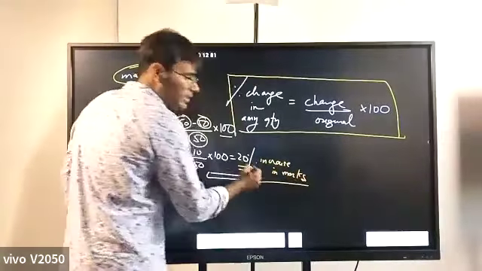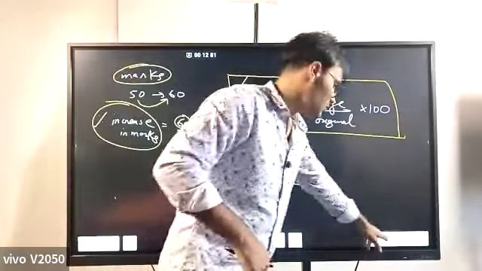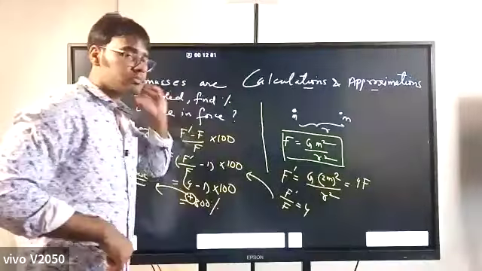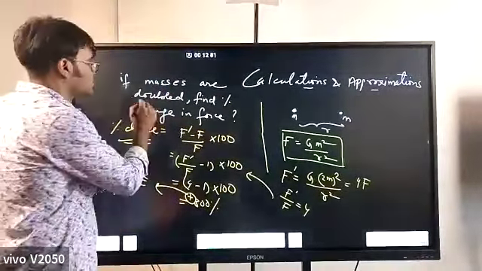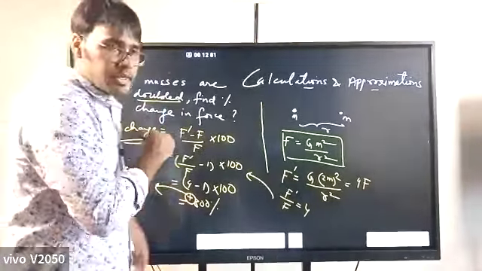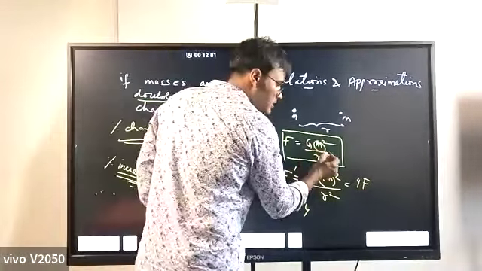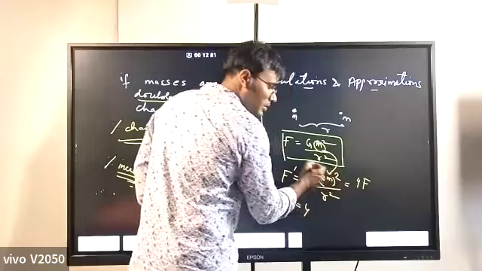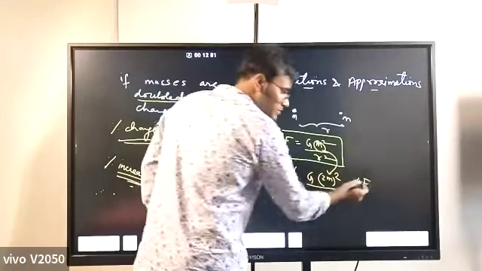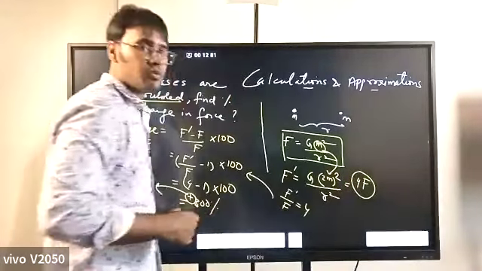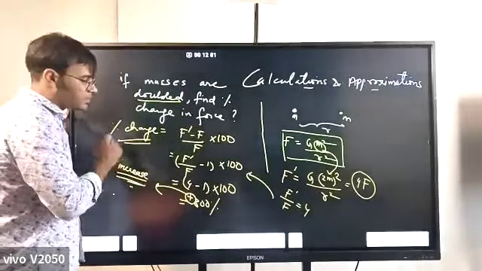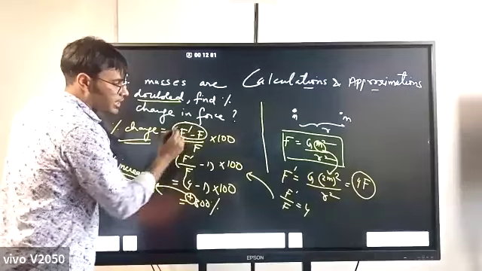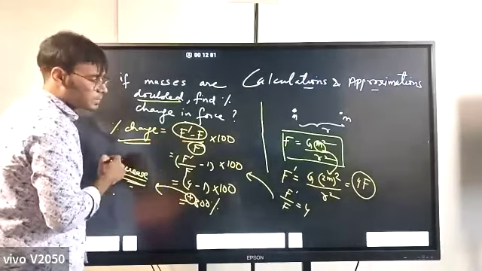Same thing I applied for this one. What was given? Masses were doubled. So in place of M, I have just written 2M. So I have found the force becomes 4 times the original force. Yes or no? So now I apply the same formula, change divided by original into 100.